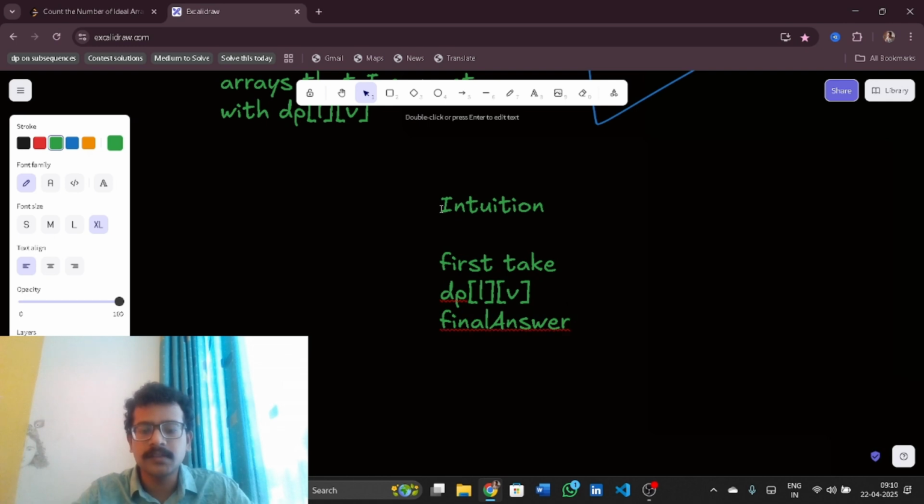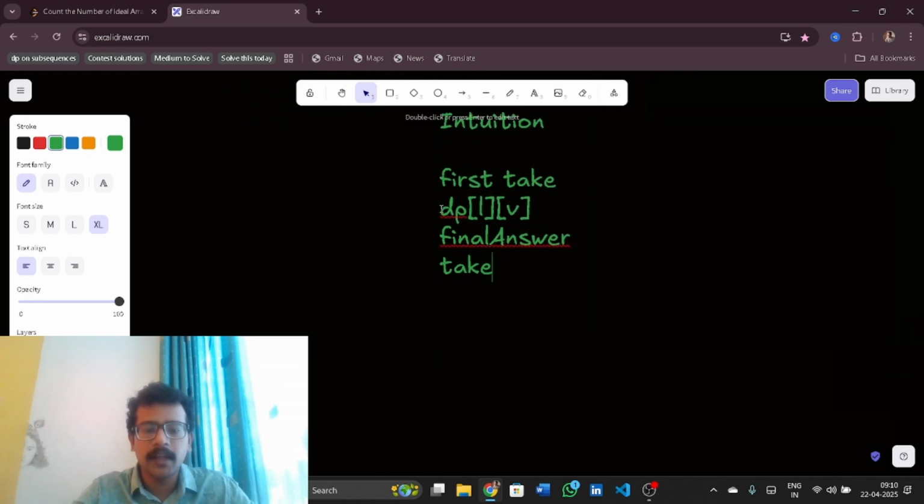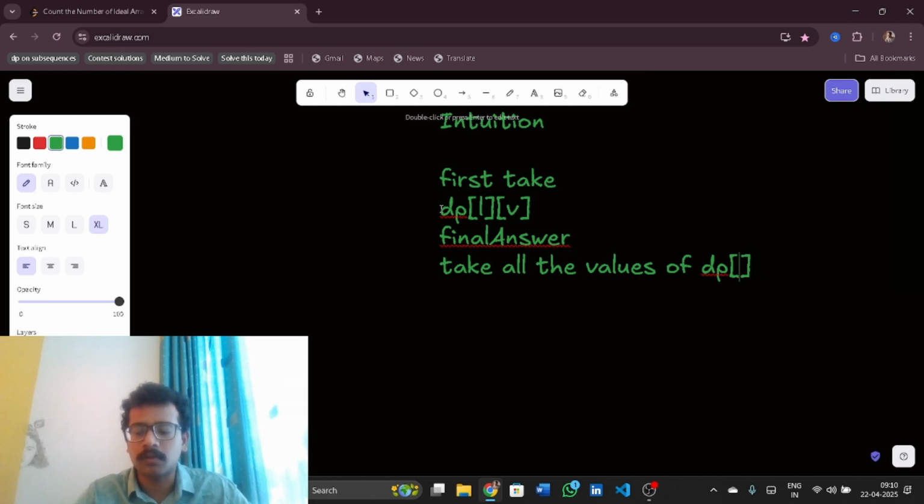The final answer will be something like taking all the values of dp where I am getting all those values, dp of size 10, and the value I don't care, it might be 1.